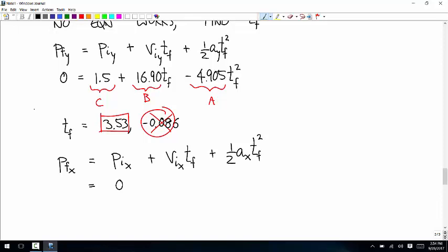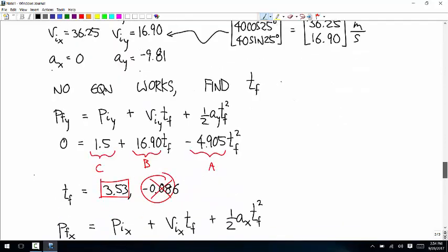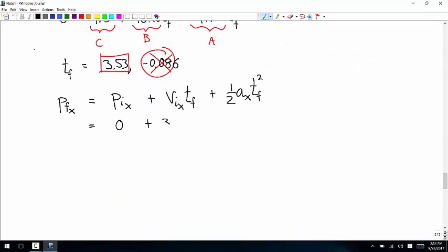So that's 0 plus 36.25 times 3.53, plus this whole thing is 0 because ax is 0.